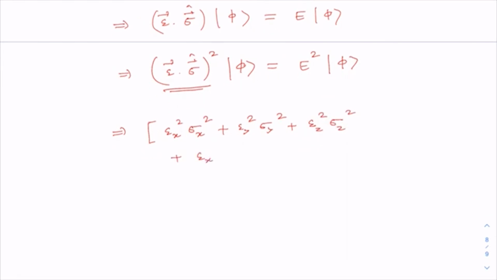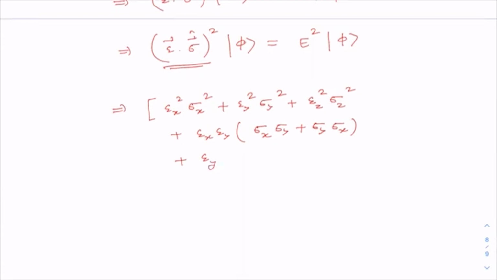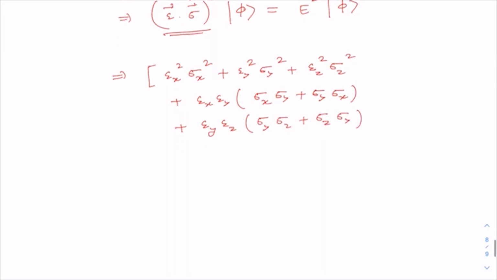Then we'll have epsilon x epsilon y into sigma x sigma y plus sigma y sigma x. Then I have, say, epsilon y epsilon z into sigma y sigma z plus sigma z sigma y. All these are operators, matrices, Pauli matrices, and I have finally epsilon z epsilon x into sigma z sigma x plus sigma x sigma z. Now this is applied on ket phi, and we have E square ket phi.